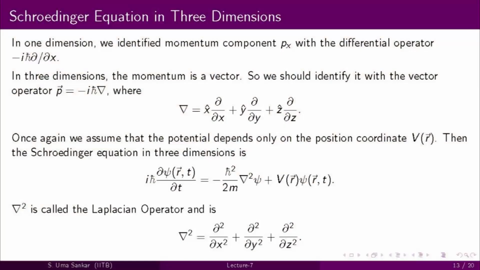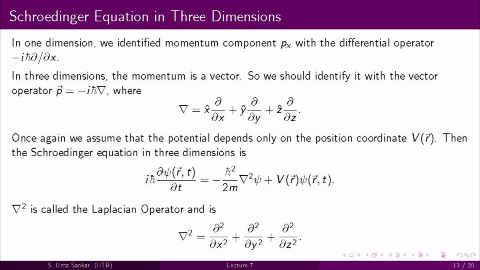So far I have talked about Schrödinger's equation in one dimension, but in principle we can extend this to 3 dimensions in a very straightforward manner. In 3 dimensions, momentum of course is a vector, so we have to associate a vector operator with momentum, and a vector differential operator is well known in classical physics.